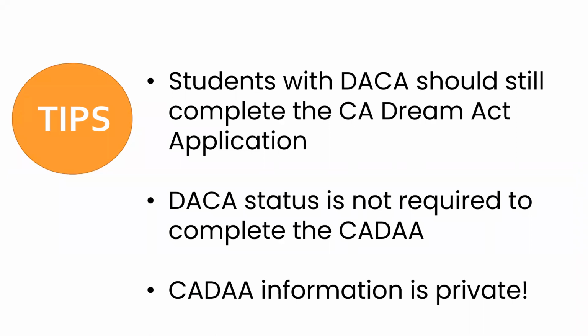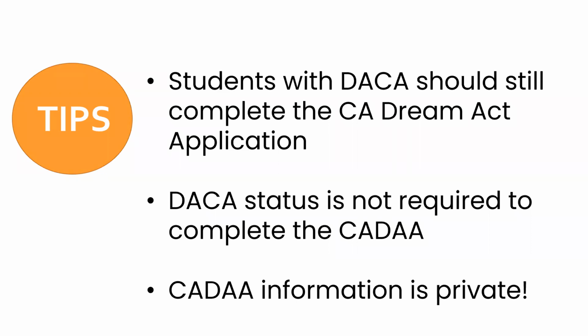A few other tips with the California DREAM Act, because it can be confusing for students to determine if they're eligible. So you may have heard of DACA, Deferred Action for Childhood Arrivals. DACA is not a requirement to fill out the California DREAM Act application. It's okay if they have DACA status, but they don't need DACA status. I think where a lot of students get confused is sometimes when someone has DACA status, they may have been issued a Social Security number.